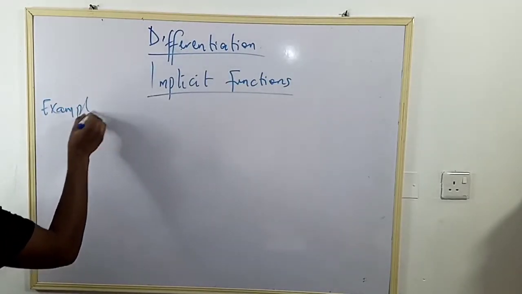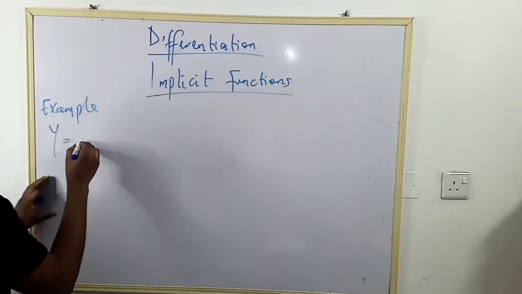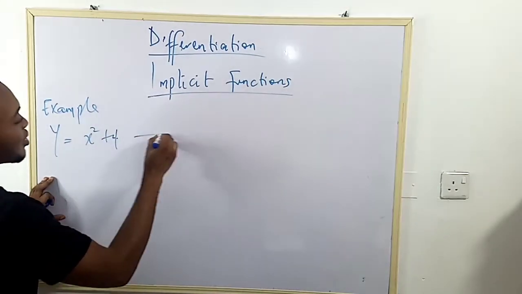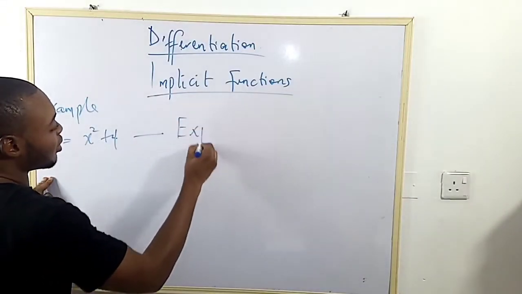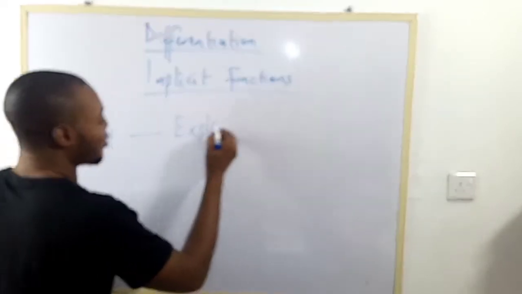Let's write an example. If y equals, let's say, x squared plus 4, this is an explicit function.